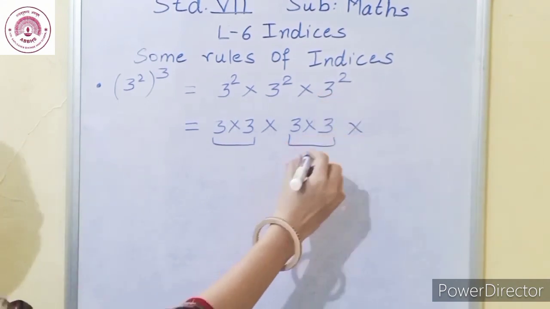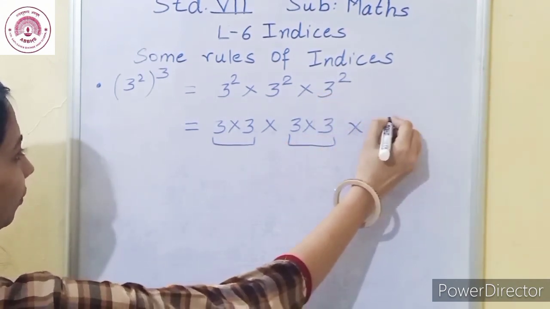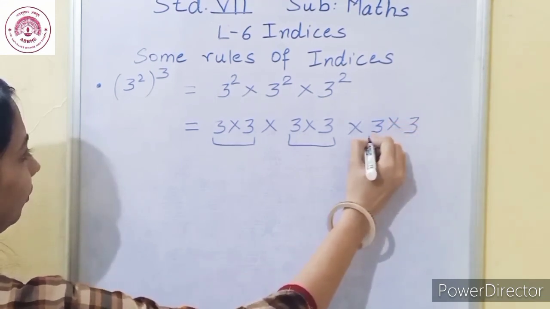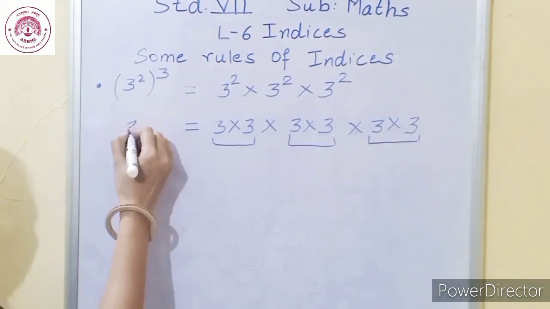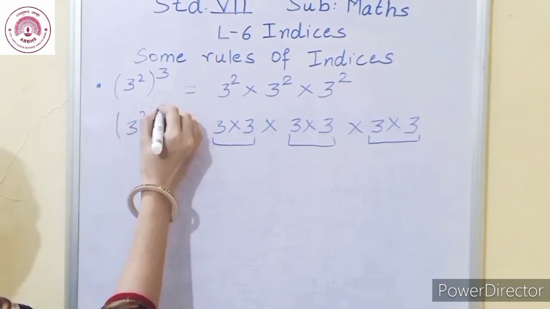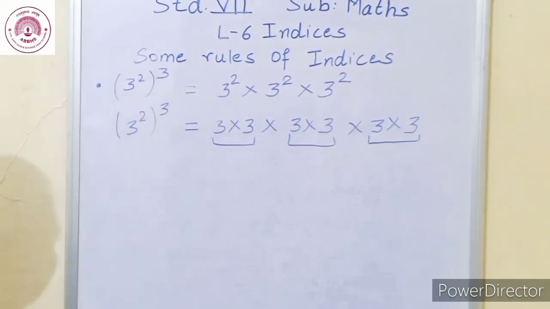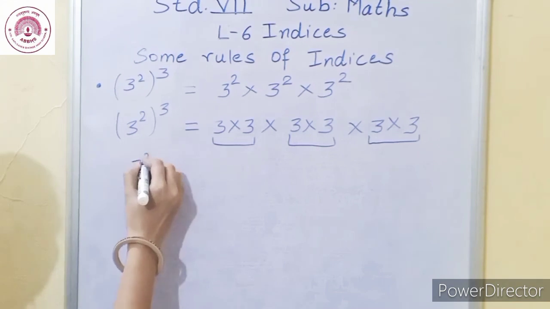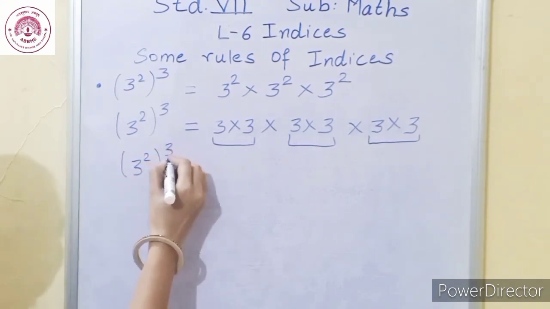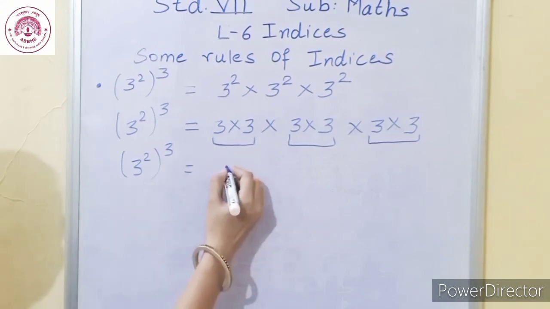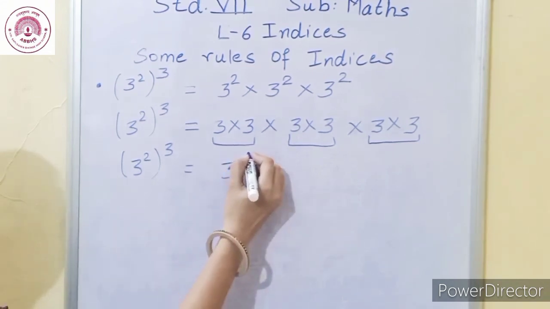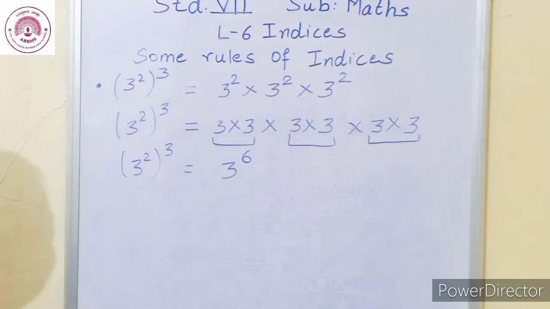Again, this 3 square can be written as 3 multiplied by 3. Now, what can we observe? That 3 is multiplied by itself 6 times. So, it can be written as 3 raised to the power 6 in index form.